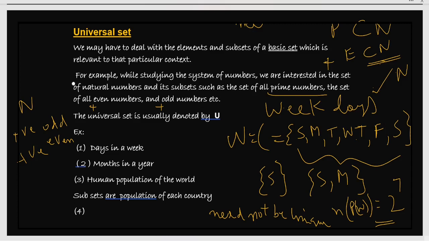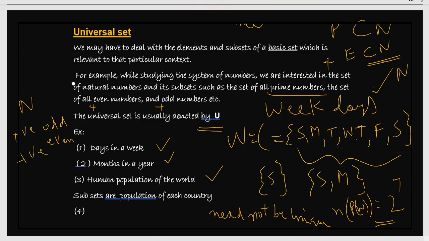A universal set is denoted by capital U. Remember that. Examples, as I mentioned, are days in a week, and months in a year: January, February, March, up to December. There cannot be any more months in that, right? Consider the human population of the world as a set. We can subdivide them: female, male, country-wise population, all subsets.